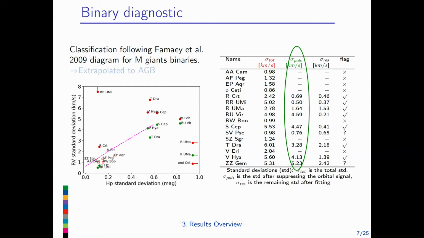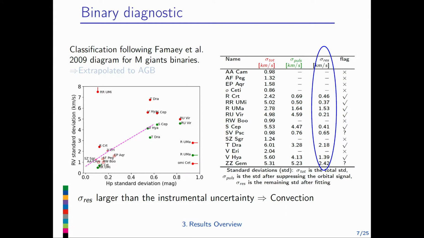Then I fit the curve, found the orbit, and then remove the fitted orbit. I understand the value, but physically, what does it mean if you are at like R Ursa Major, on the right, to the right, those two points? In fact, as I mentioned, we deal here with work that has been made on giants. Those stars really cannot be extended to this limitation.